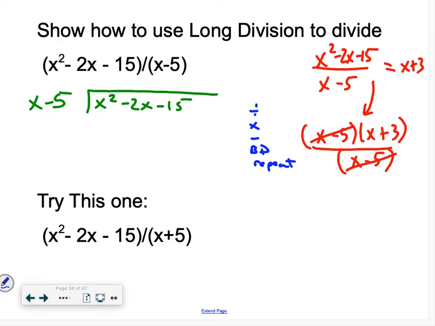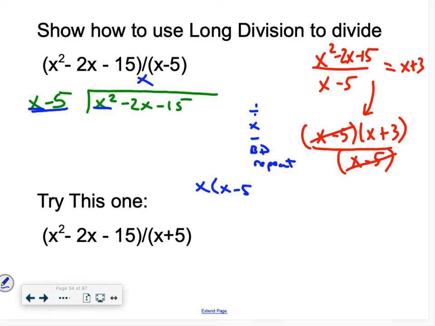So when I divide, I'm going to divide just the first term by the first term. X squared divided by x is x. So I put that up here above the x terms. Then I multiply that. The x gets multiplied to the divisor.